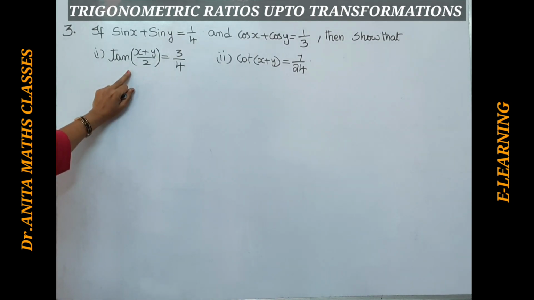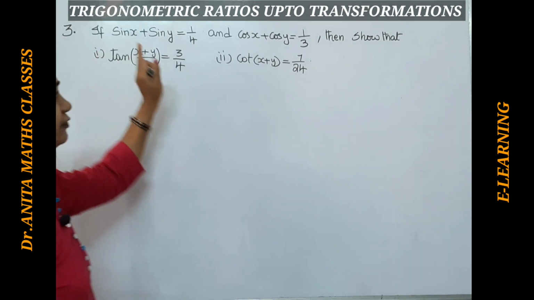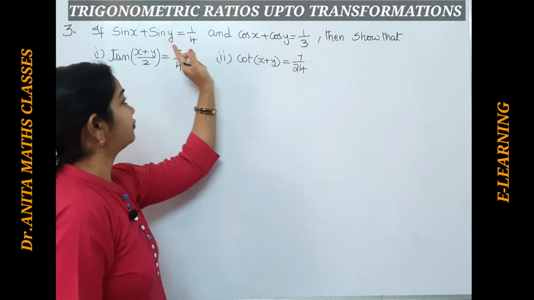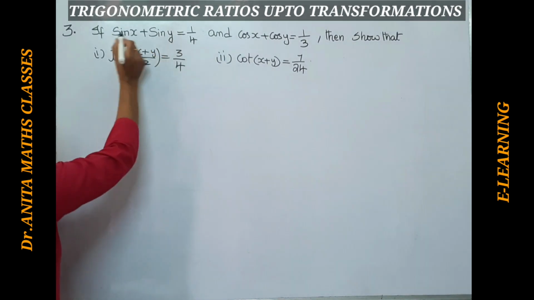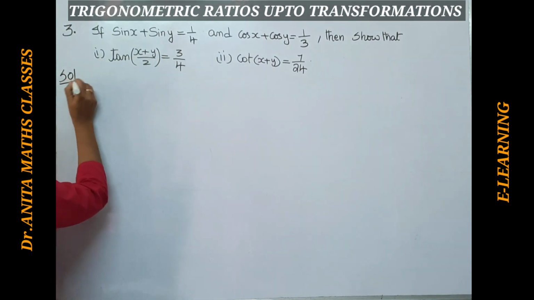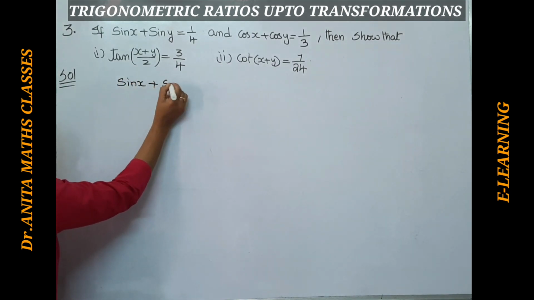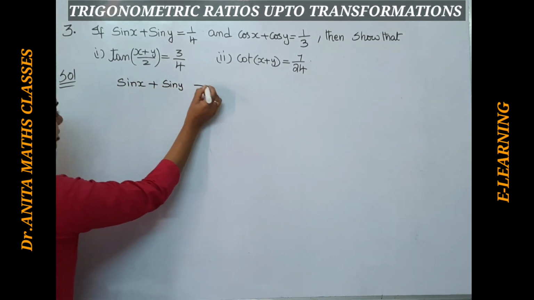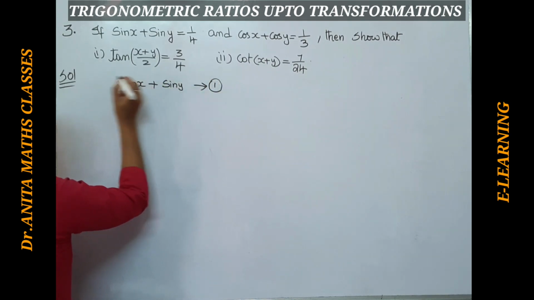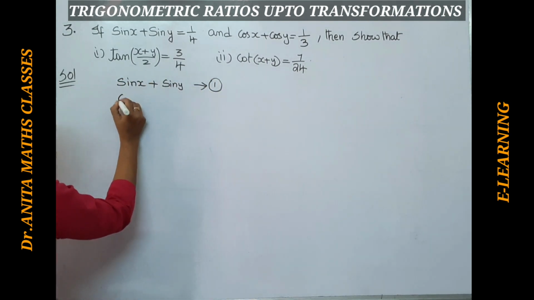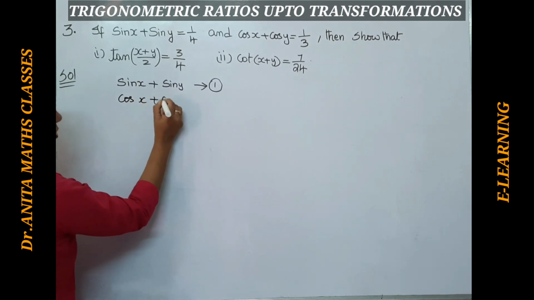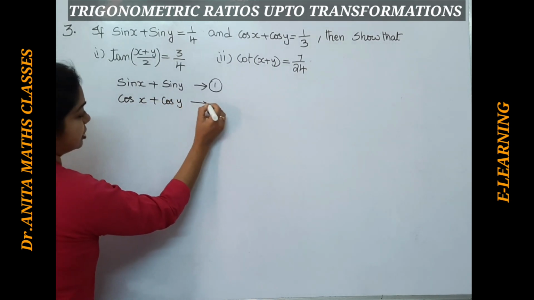Now given this, we have to show these two. So from the given, let me take sin x plus sin y as equation 1, and cos x plus cos y as equation 2.